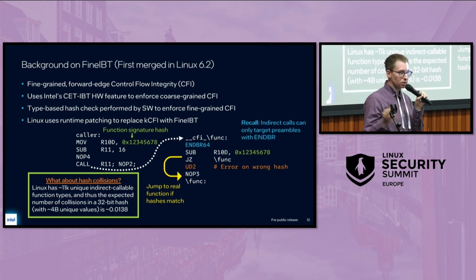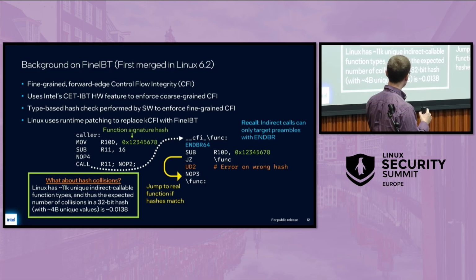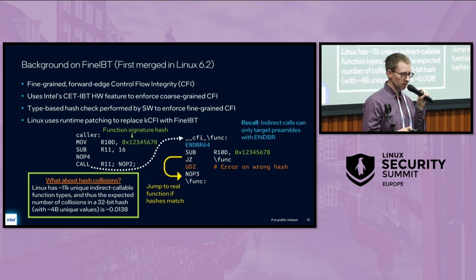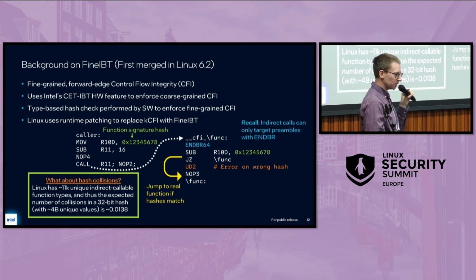And if you have a 32-bit hash width, then the expected number of collisions you'll have throughout the entire kernel is about 0.01. So we're not especially concerned about hash collisions, but someone always asks that question, and so I figured I'd be up front and try to preempt it.